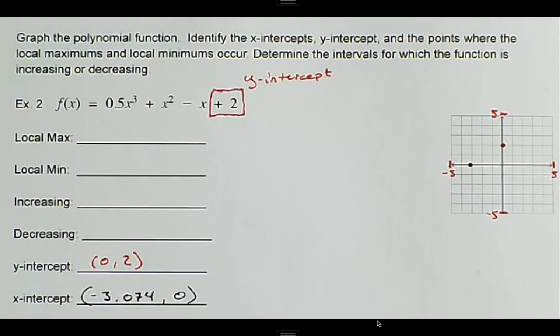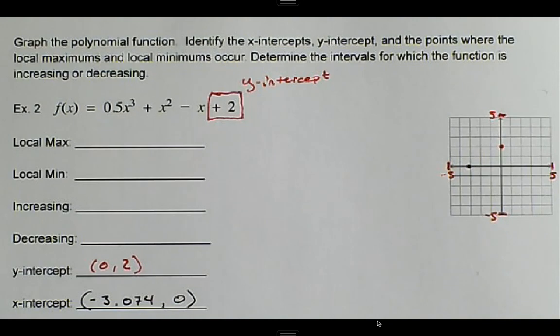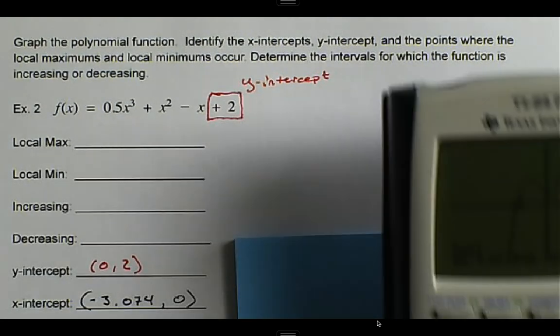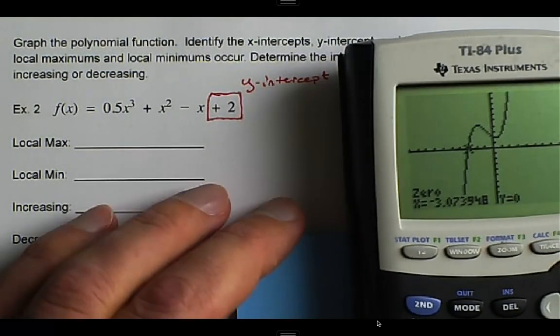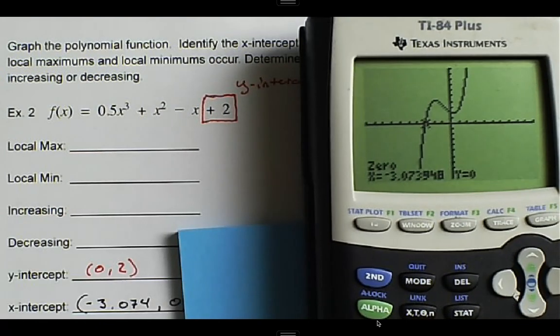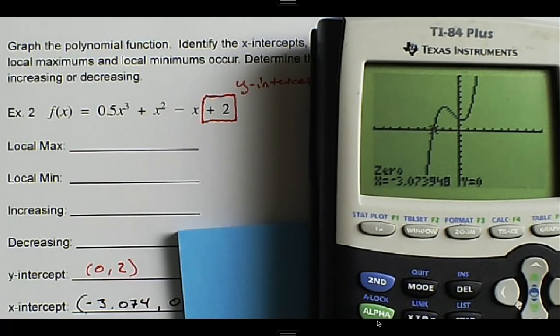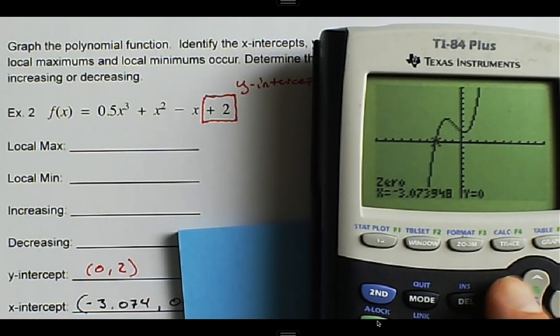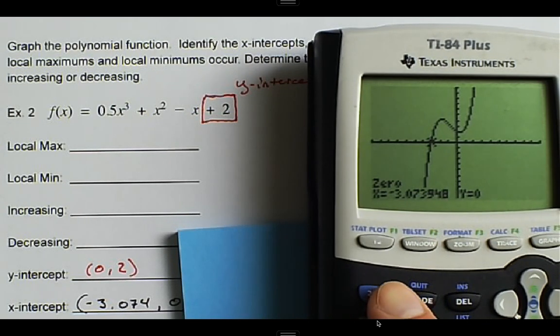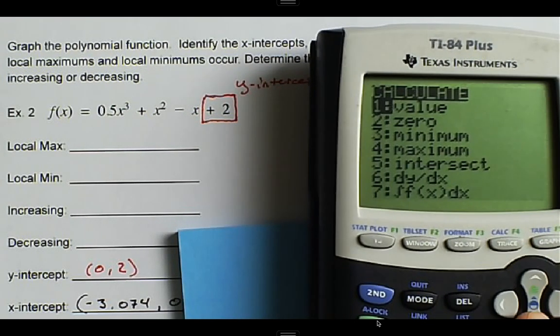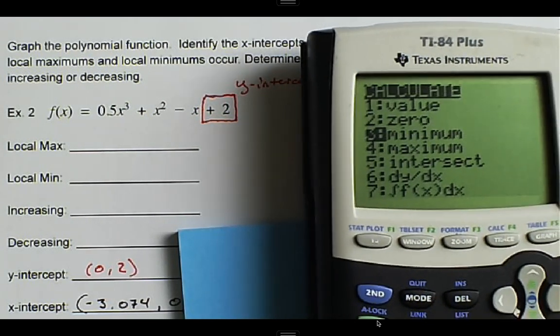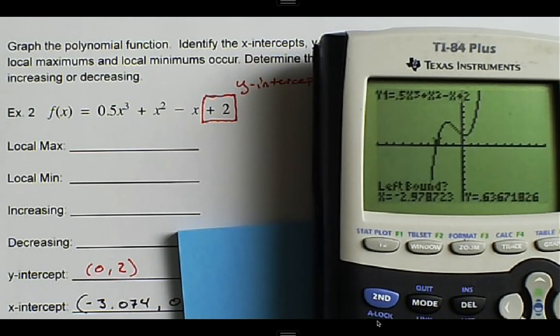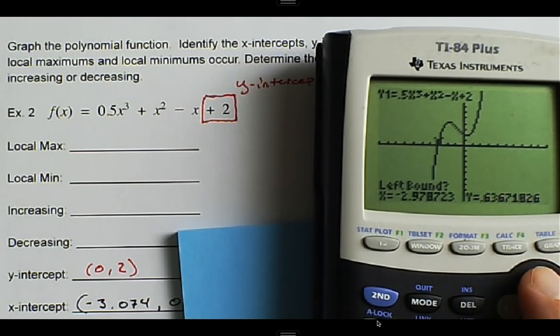Okay. The next thing that we need to come up with are the local minimums and maximums. And from our graph, we can see that there are two. There's one local maximum and one local minimum. And we can do that using the same calc function. So if we hit second calc, and we want to find, let's say, the maximum first, it's the same process that we've done before.